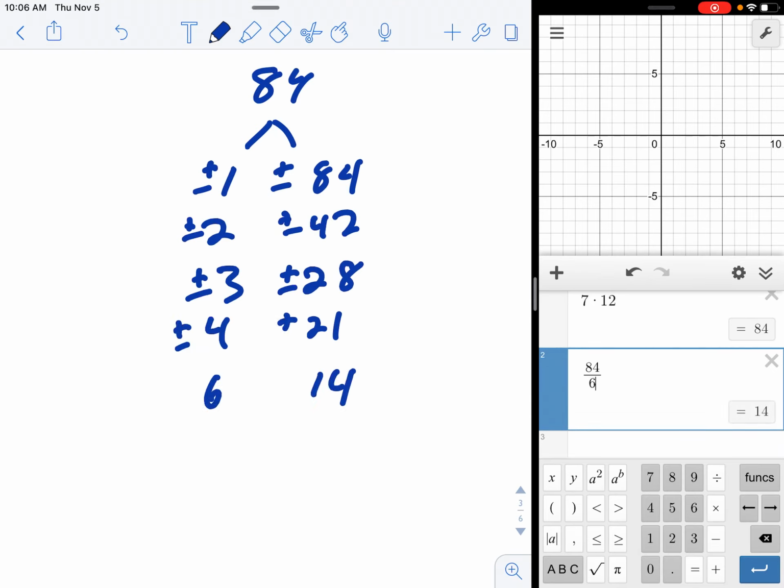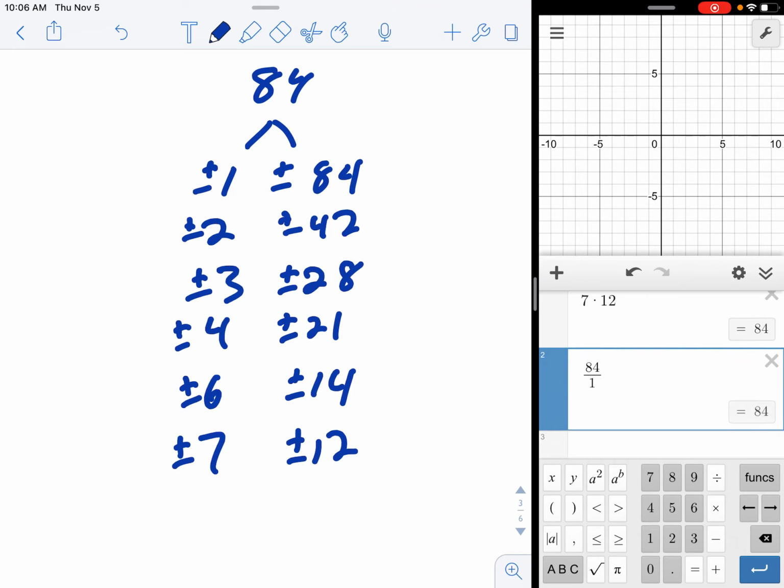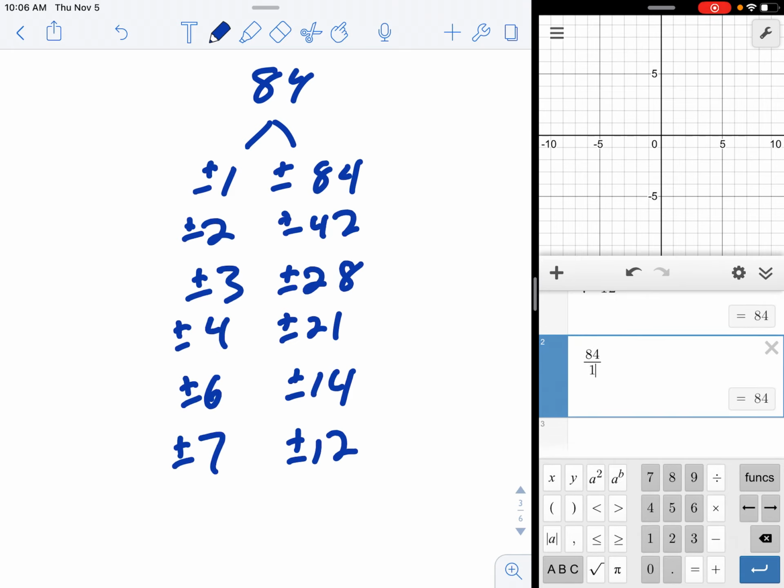Again, could be positive, negative, positive, negative. 7, oh, 7 times 12. What about 8? Definitely not 8. 9, no. 10, of course not. 11, I would seriously doubt it. Definitely not. 12, of course it does, but we're just reversing ourselves now. 12 times 7 is 7 times 12.